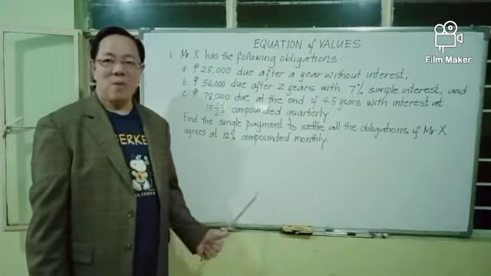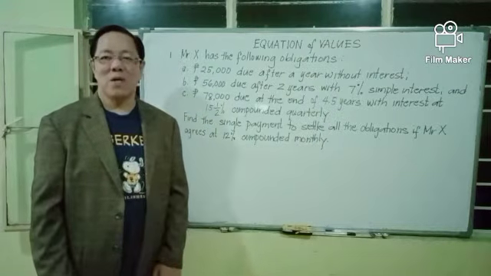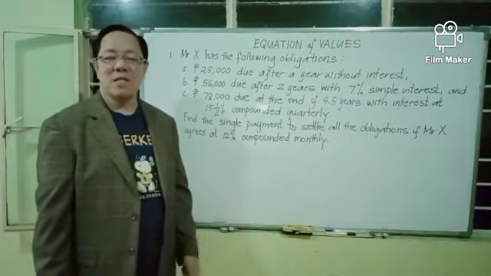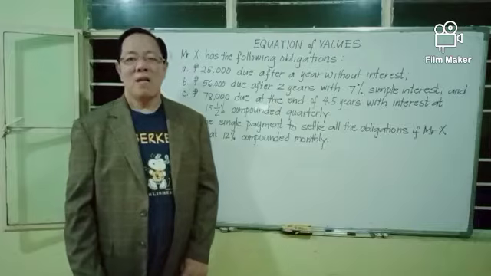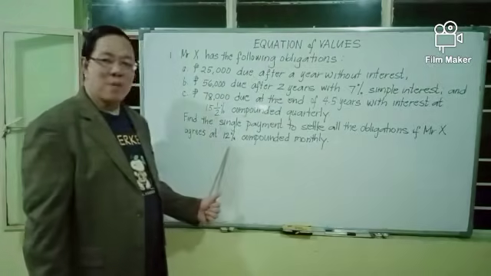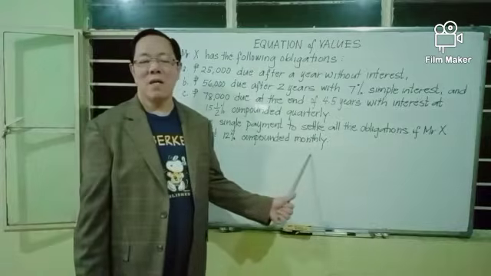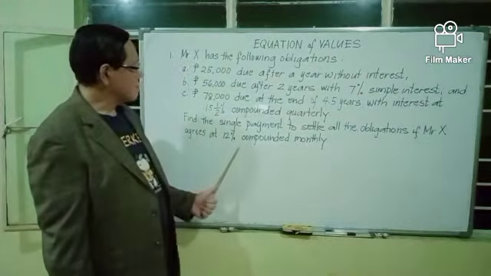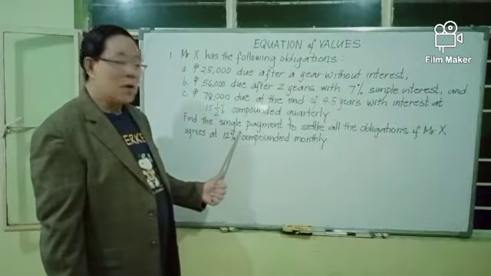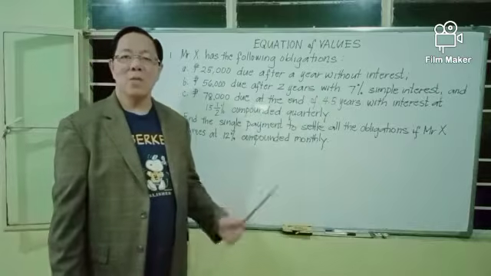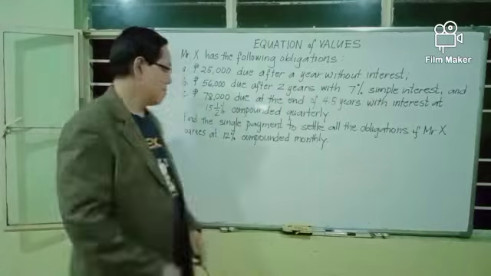For this particular example, we are looking for a single payment that will settle all three obligations, and Mr. X agrees to pay an interest of 12% compounded monthly. And so we will denote the single payment with a variable. We usually use X.